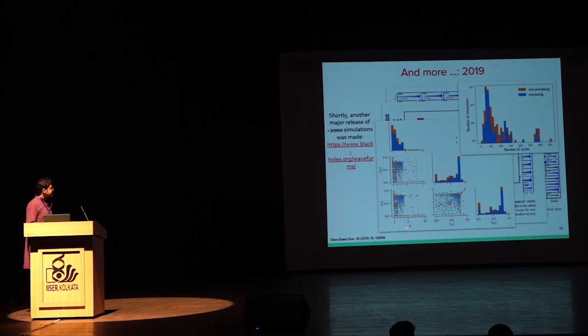You can see mass ratio Q versus spin of the smaller black hole, spin of the bigger black hole. Most of the simulations lie between mass ratios of 1 and 5, and several of them lie between mass ratio 5 and 10, with this line standing out corresponding to a set of non-spinning simulations, right?